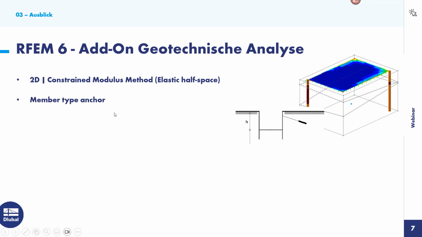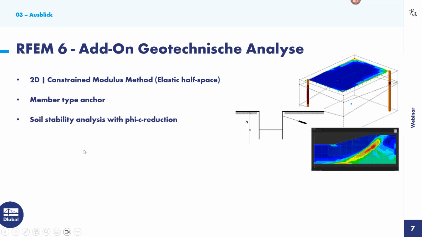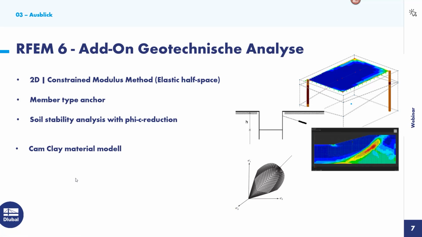Then another topic we have in the last steps is the anchors. We will have the member type anchor, which allows us to model anchors as well. Then we are working on the soil stability analysis with Phi-C reduction. This is the next step, and we are working on the Chem clay material model, which is valid, as the name says, for clays and further materials.